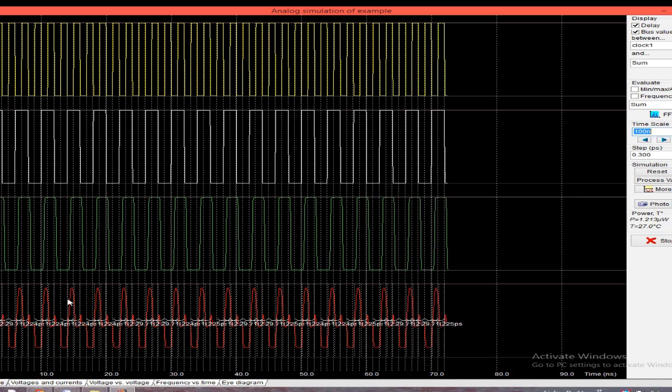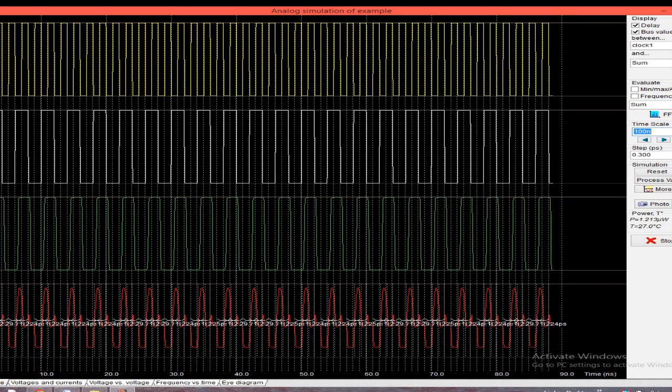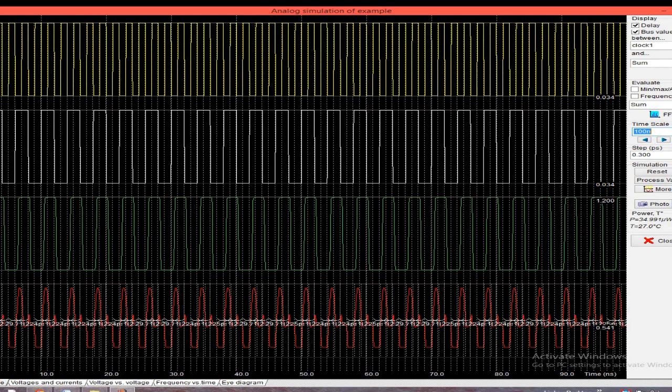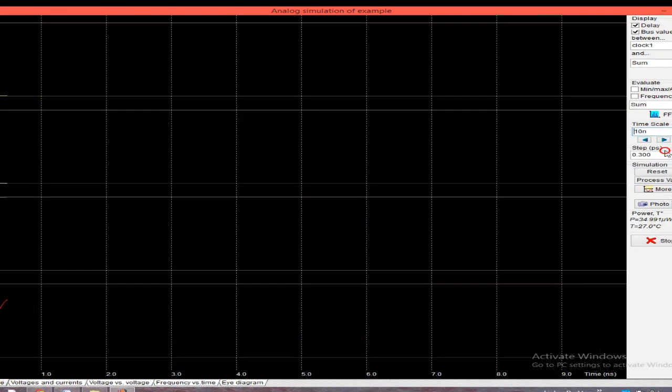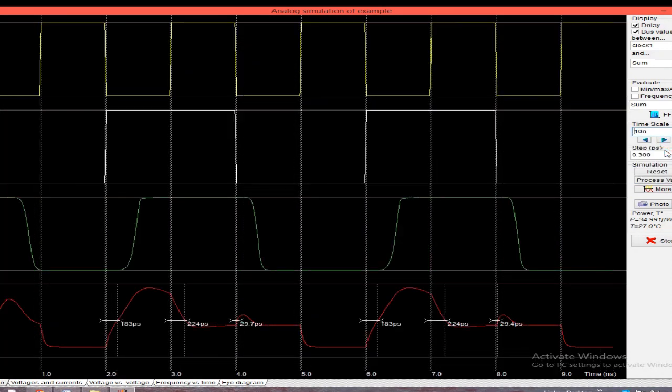So this is 100 nanoscale of timing. Even if I make 10 nanoscale of timing, I can get likewise.